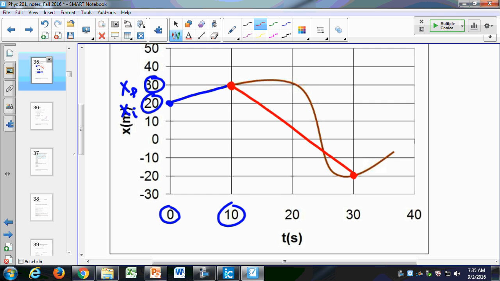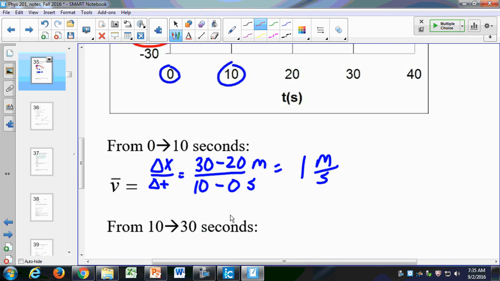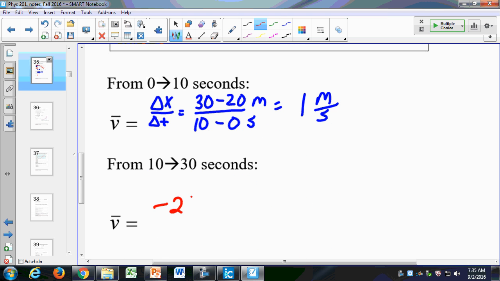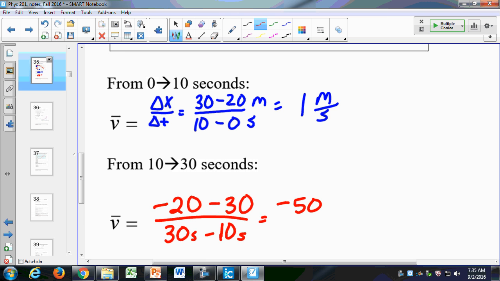If I'm finding the average velocity, I can think of taking the final position, which is minus 20, minus the initial position, which is 30, divided by 30 seconds minus 10 seconds. That gives me minus 50 over 20, or minus 2.5 meters per second.